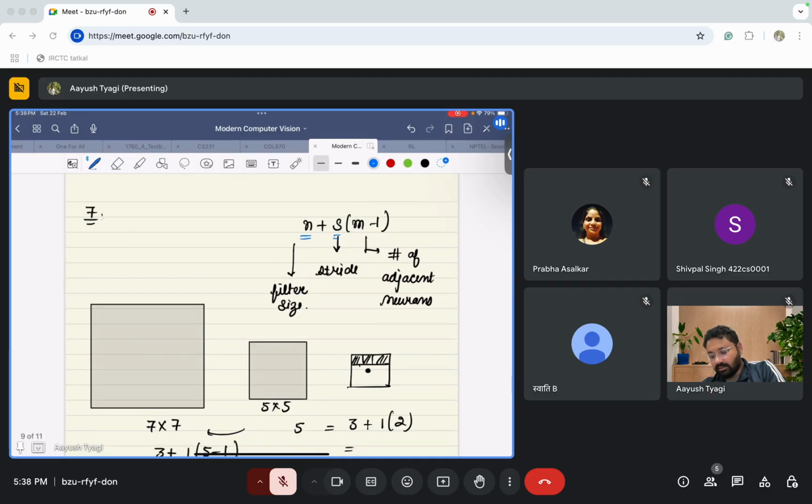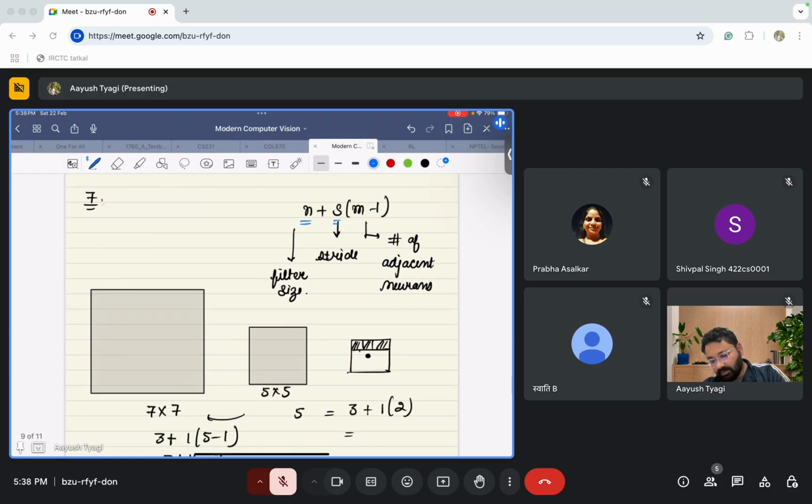In this case, because we are looking at a 3 cross 3 kernel, 3 is your filter size, 1 is your stride, and 2 is the number of adjacent pixels, so it turns out to be 3. So from layer 3 to layer 2, the receptive field is 5 cross 5.